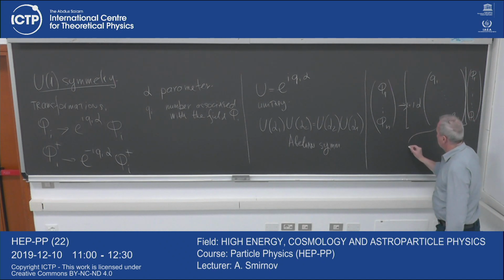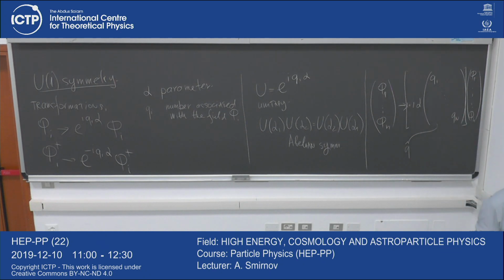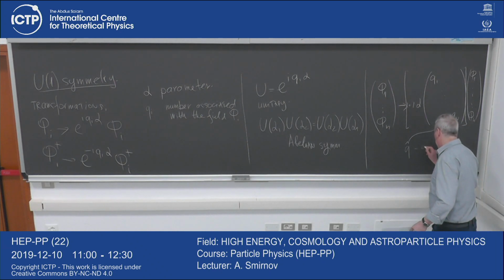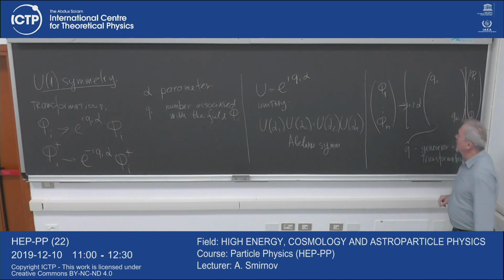So this matrix Q can be considered as a generator of the transformation, right? And due to the abelian nature of these transformations, this matrix is diagonal.